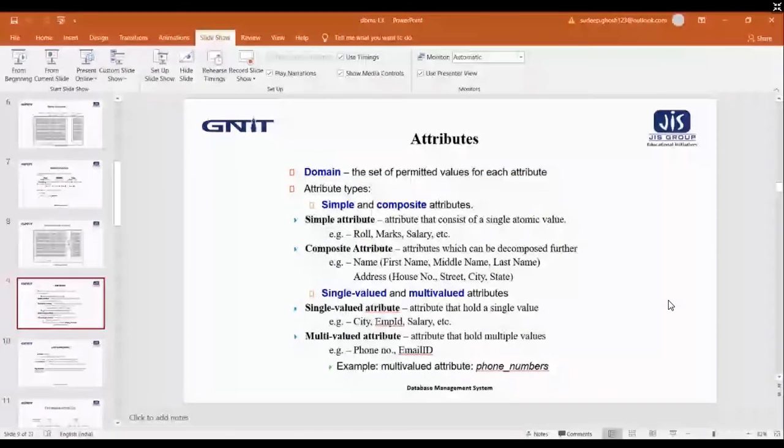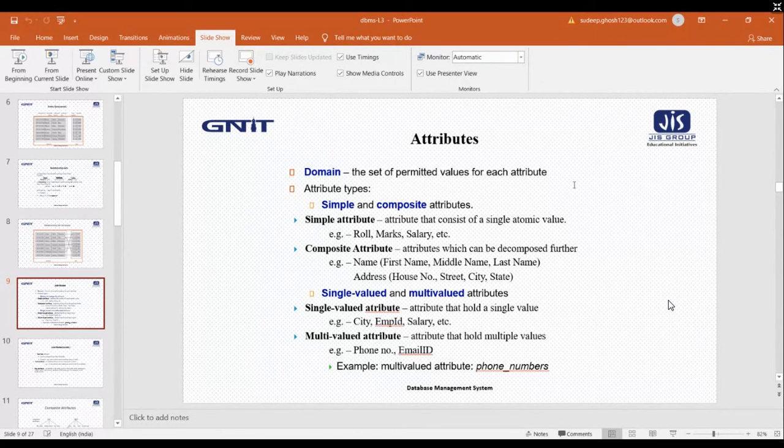So next one is the attributes that we have already gone through. And domain, I have already told you, is the set of permitted values for each attribute. Attribute types are simple and composite, already you know. Two given examples of simple attributes are roll, marks, salary, that consist of single atomic values, and composite attributes can be decomposed further, that is name and address.